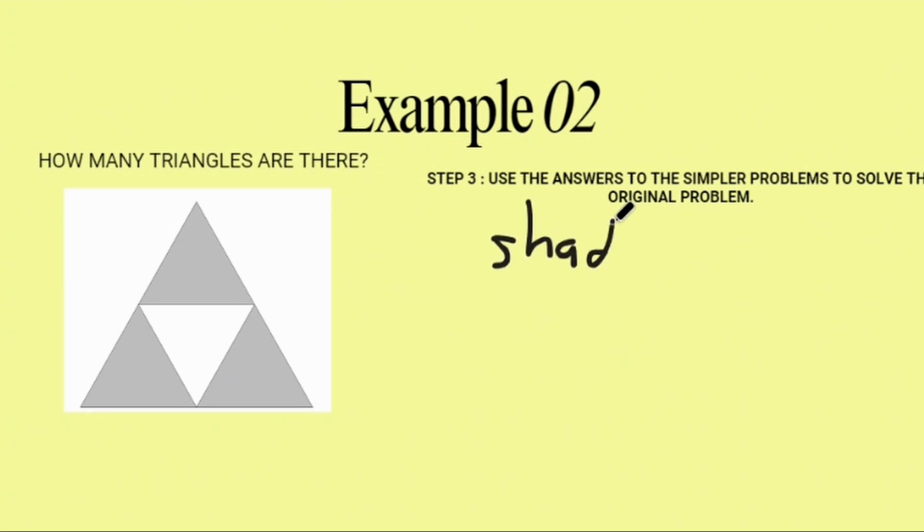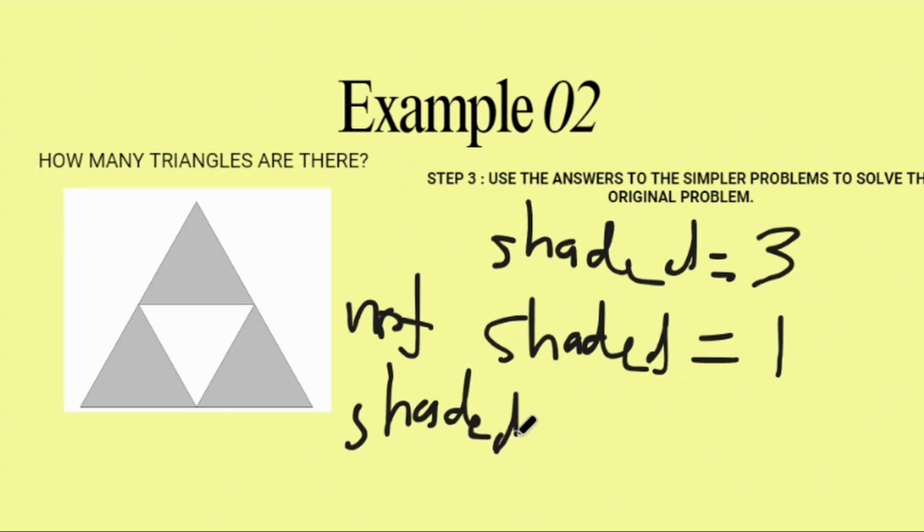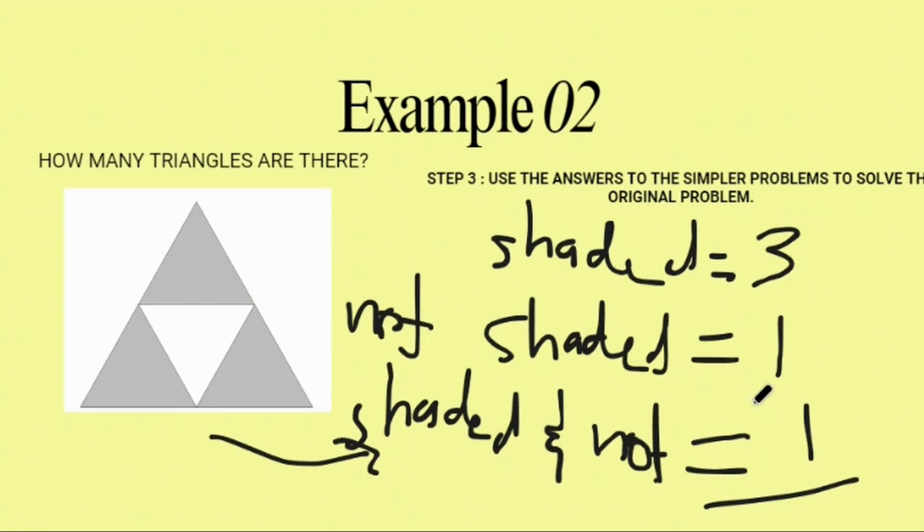The shaded is 3, the not shaded is 1, and the whole, the shaded and not shaded together, is also 1. So, add them all: 3 plus 1 is 4 plus 1 is 5. So, the answer is 5.